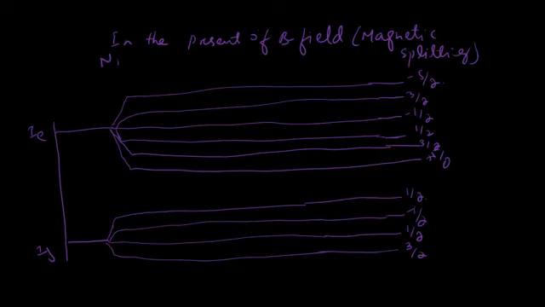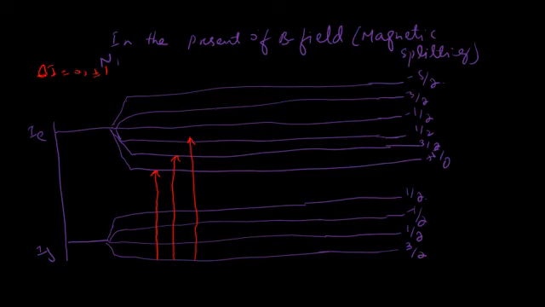Now according to the selection rule, delta I is 0, plus minus 1. So the possible transitions in this case: first is from plus 3 by 2 to plus 5 by 2, the second is plus 3 by 2 to 3 by 2, and from 3 by 2 to 1 by 2.